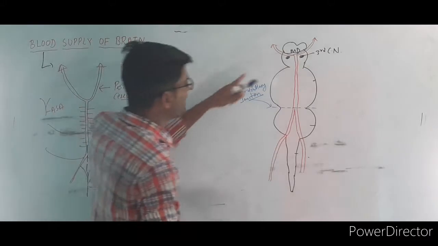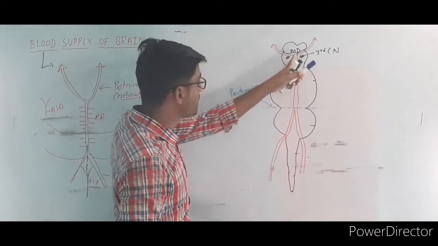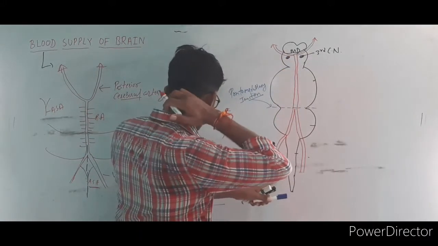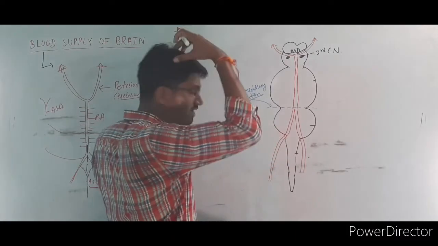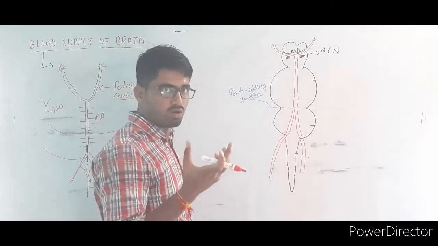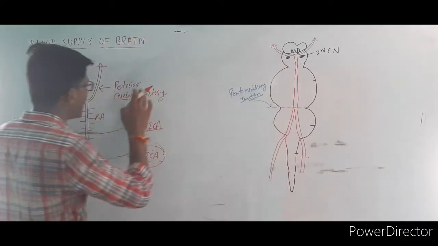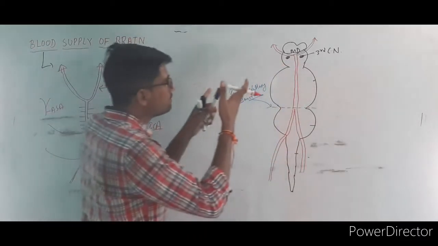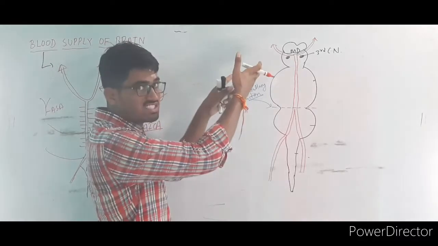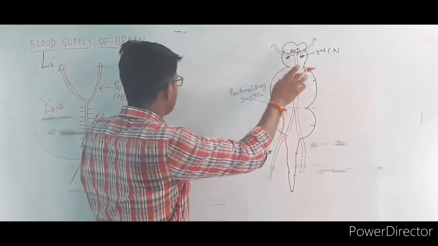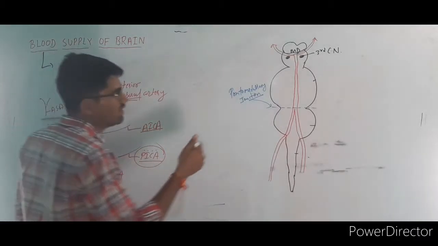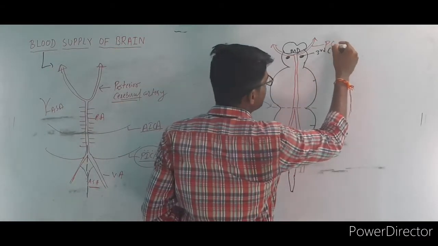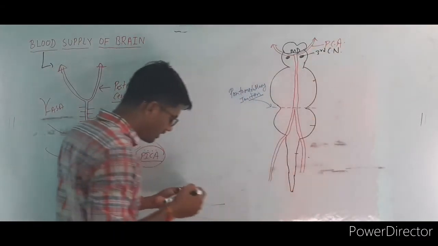See here, here is the midbrain: spinal cord, medulla oblongata, pons, midbrain, and after that the cerebral cortex. It's going anteriorly, so this artery is called the posterior cerebral artery.